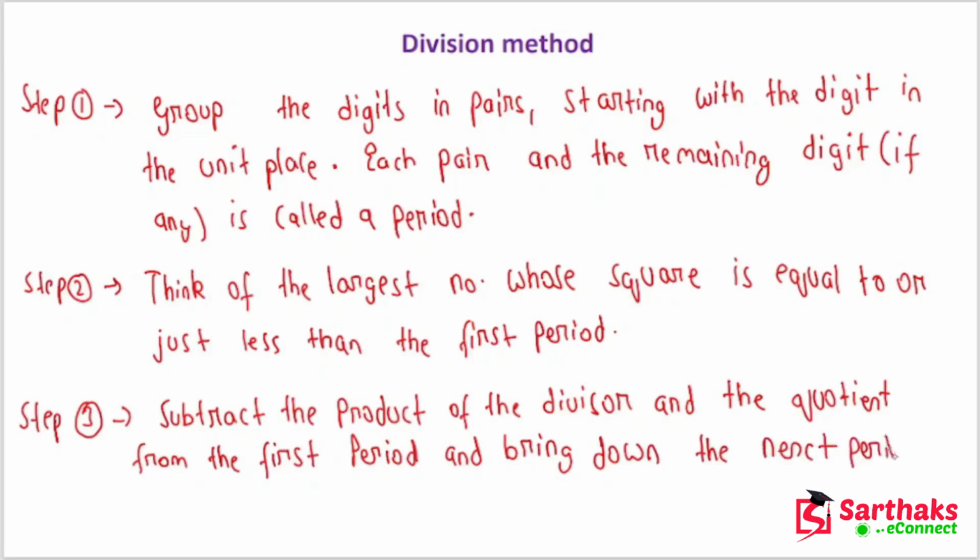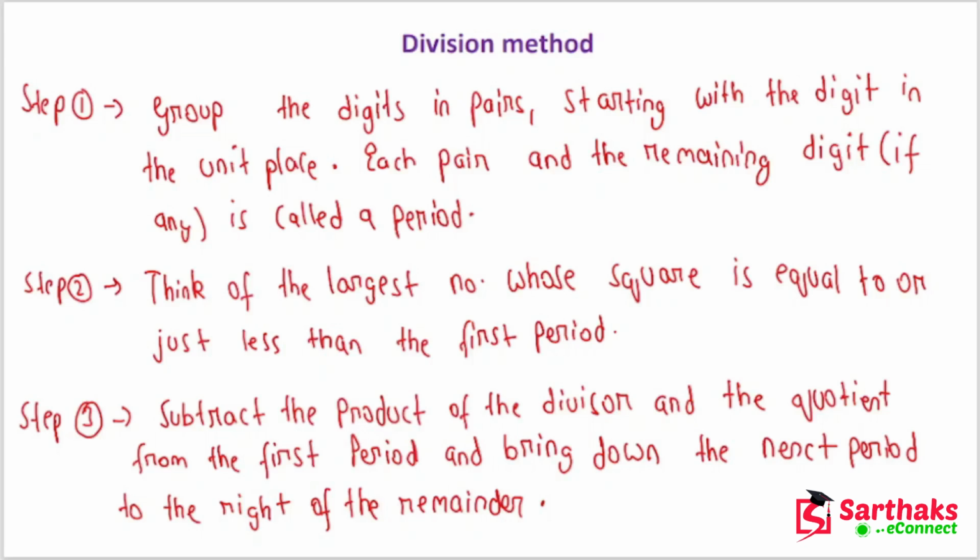Just like the long division process, nothing extra. This becomes the next, or new, dividend. So bring the next period to the right of the remainder and repeat the steps. Okay, this was step number 3.